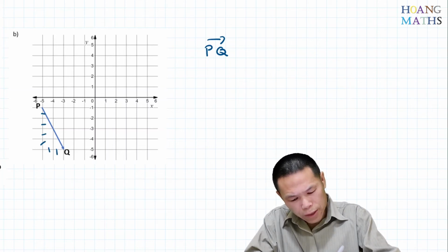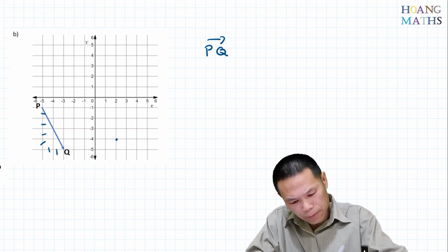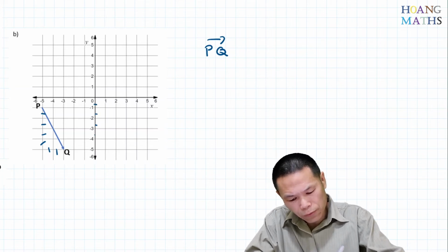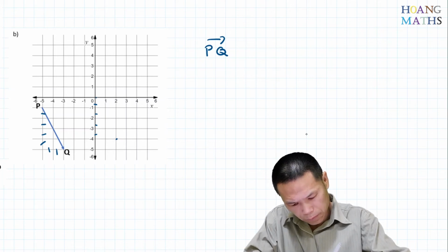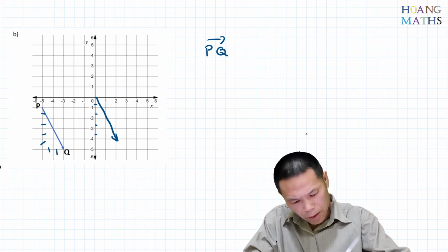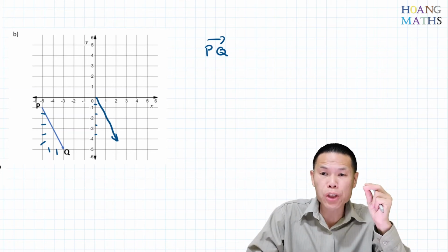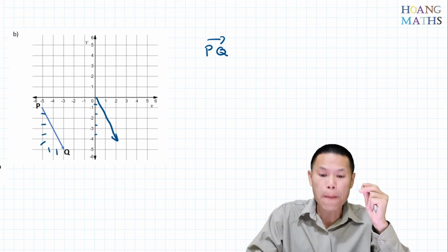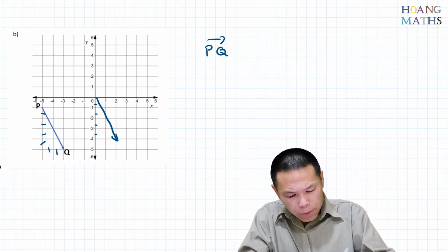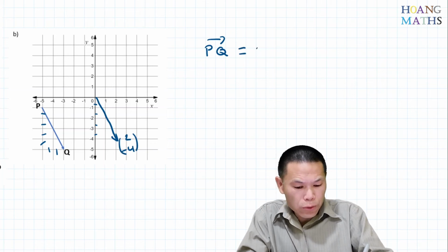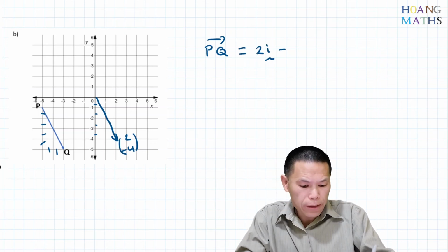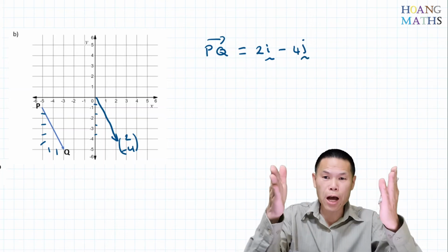So we go down 4 across 2. This is the position vector that is equal to PQ. So this is 2, negative 4, which is equal to 2i minus 4j. There you go.